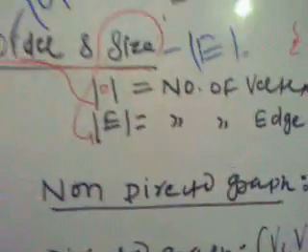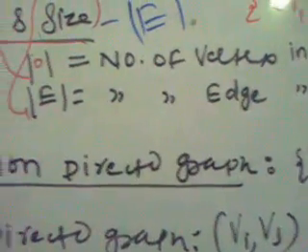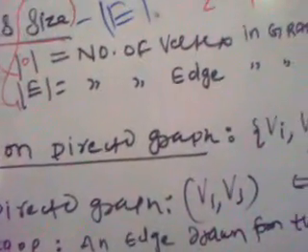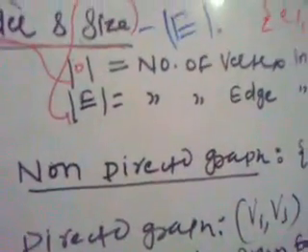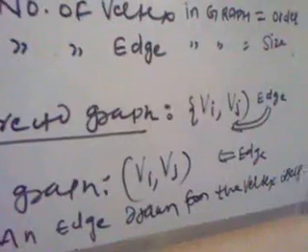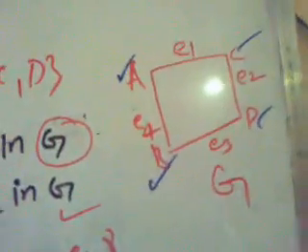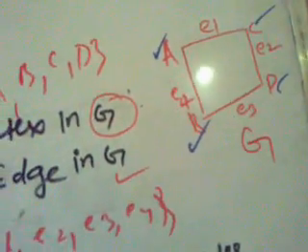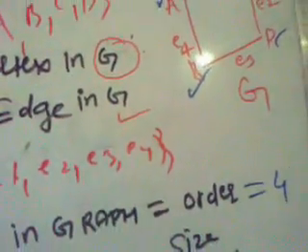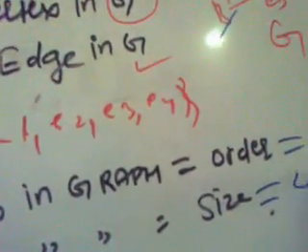That means in any given graph, if you have n vertices, the order of the graph is equal to n, and the total number of edges denotes the size of the graph. So in this given graph we can see that the order is equal to 4, that means A, B, C, D, and the size is also 4.